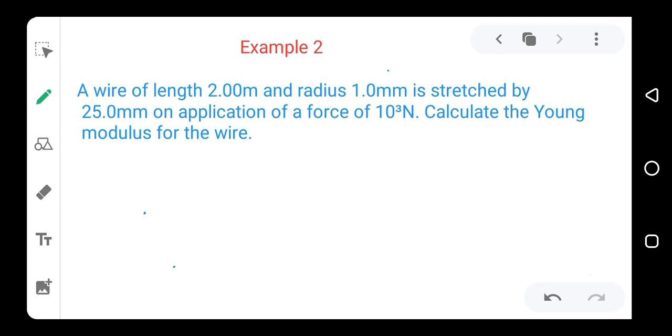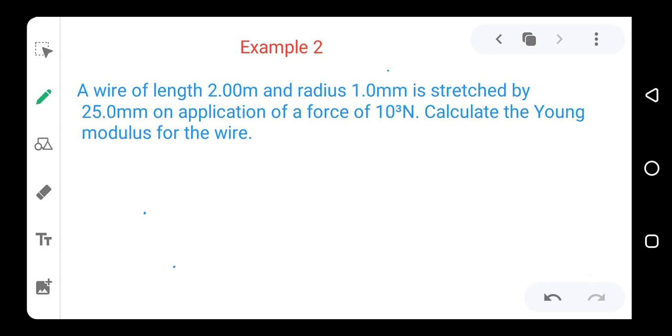Now, but before we get that, let's do our conversion. We can see that some of these values here are given in millimeter, while others are given in meter. The unit of the Young modulus we are considering is Newton per meter squared. So we are going to convert the millimeter to meters. That is the first thing we are going to do, unit conversion.